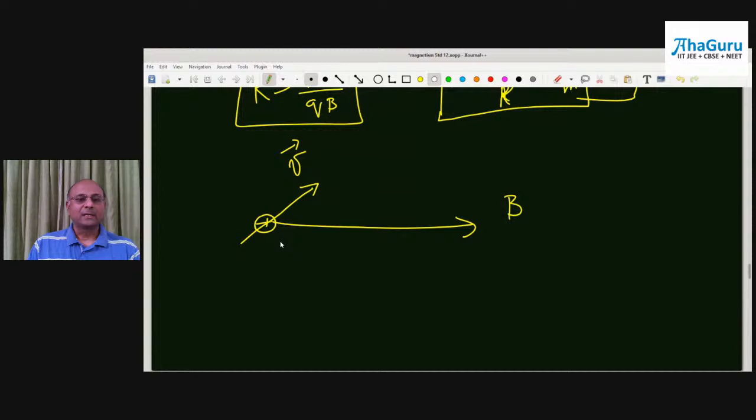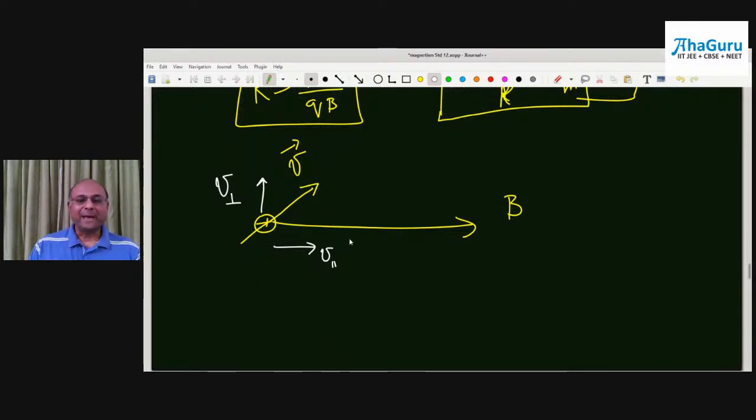I can call this vx, and another one, right now I'll call it vy, but it's basically v perpendicular. So this is v perpendicular and this is v parallel, parallel to B, and that is v perpendicular to B.